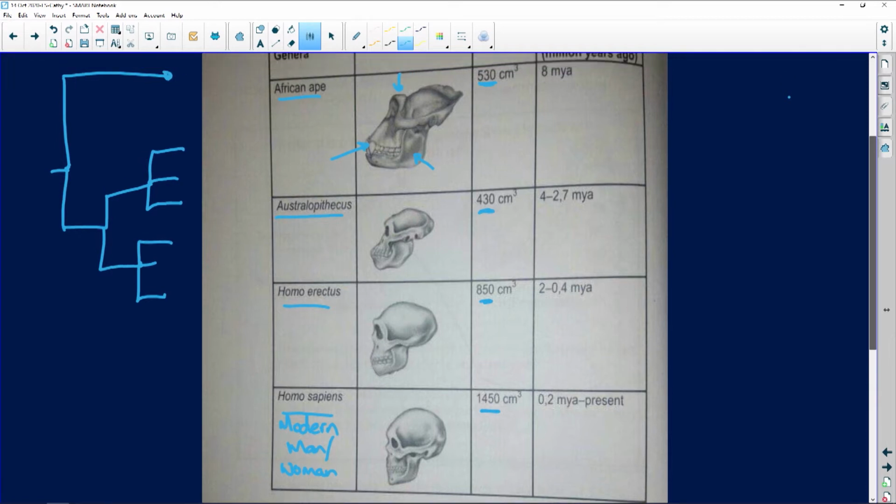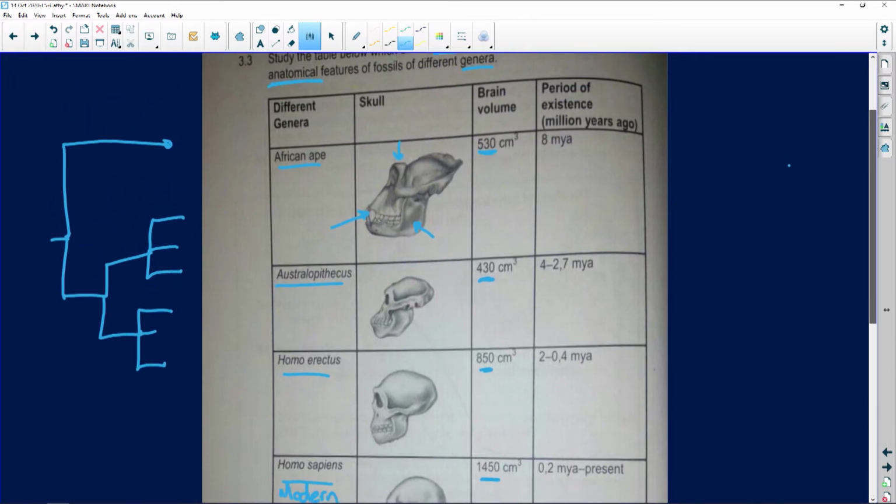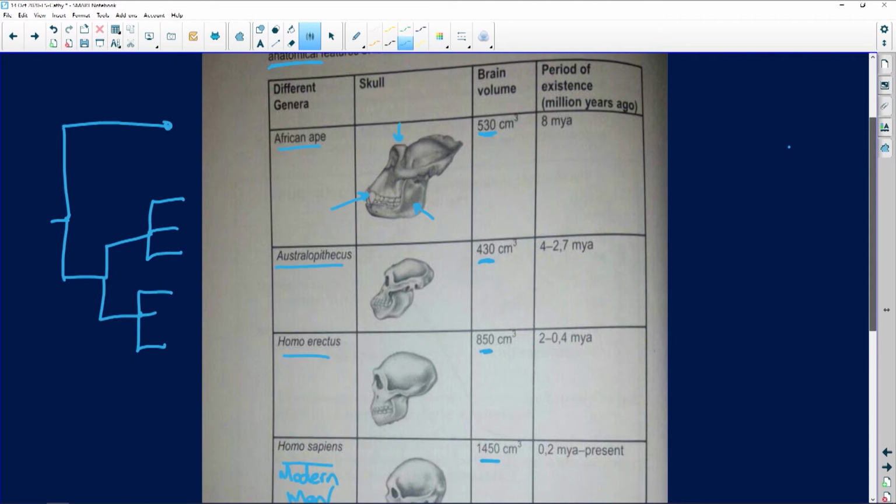So when we look at when everything existed, we have the African ape period of existence was 8 Maya, that's 8 million years ago. That's what Maya stands for, million years ago. This is from 8 to 2.7 Maya.